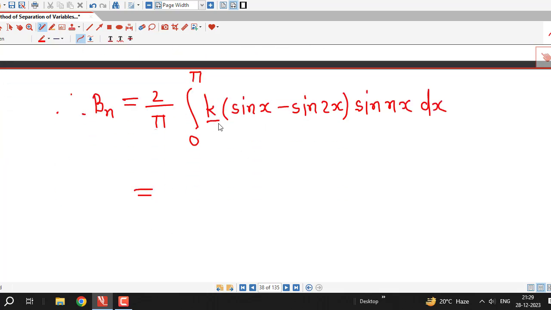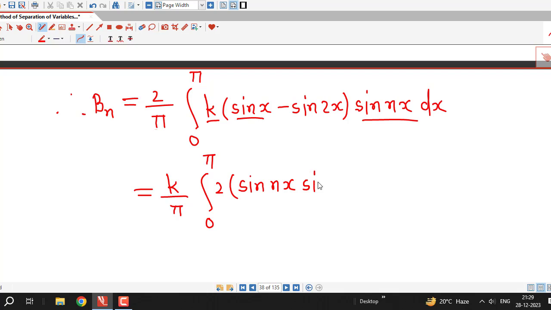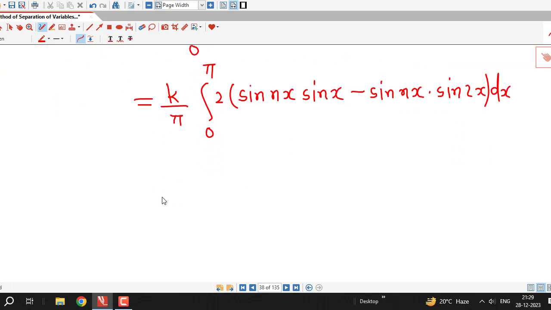I can take this k outside, that is independent of x, and I am taking these two inside the integration that I will require. Here I am multiplying this bracket by sin nx, and I am writing in this way: 2 times sin nx into sin x minus sin nx into sin 2x integral with respect to x.